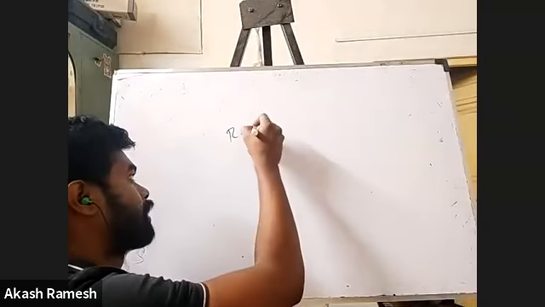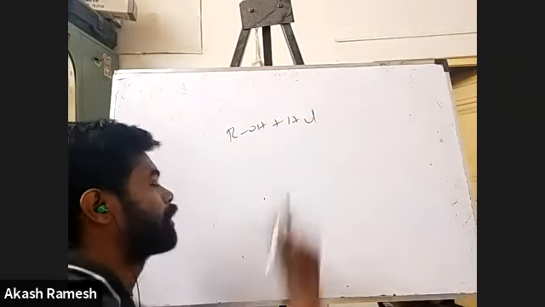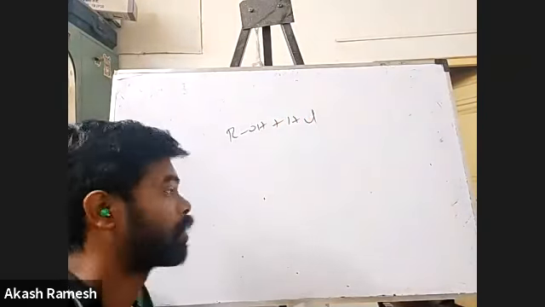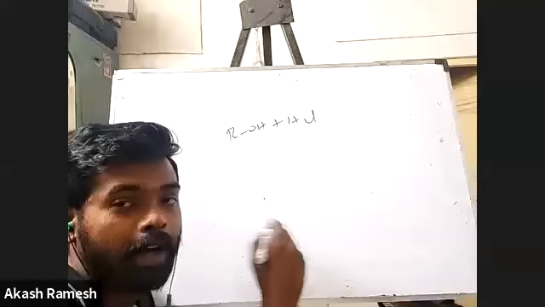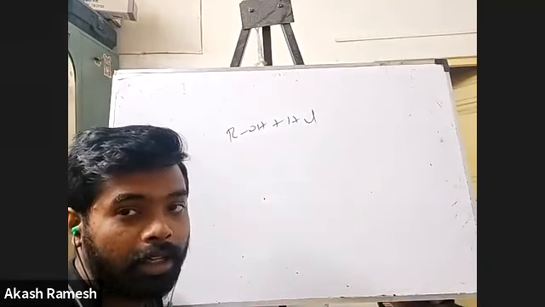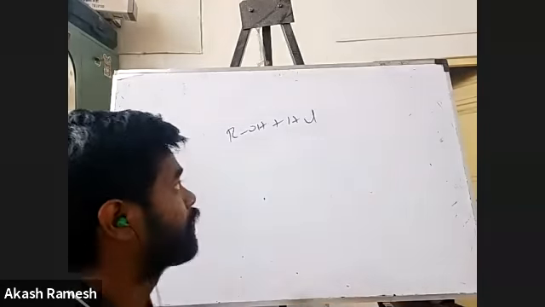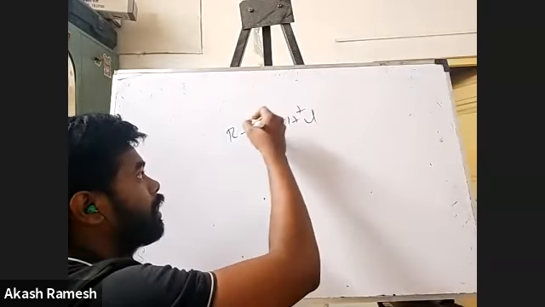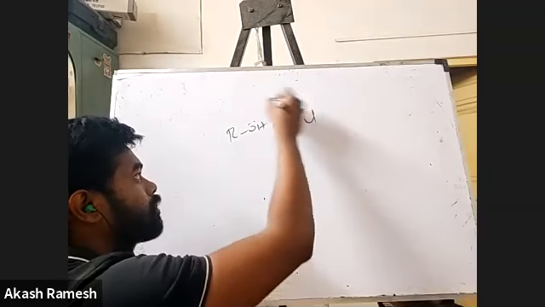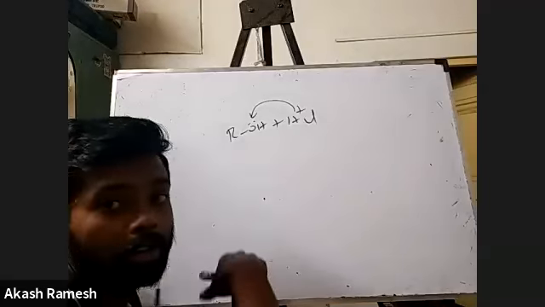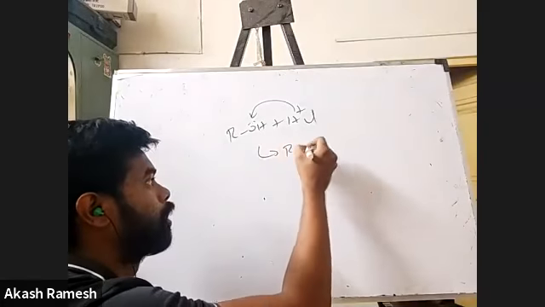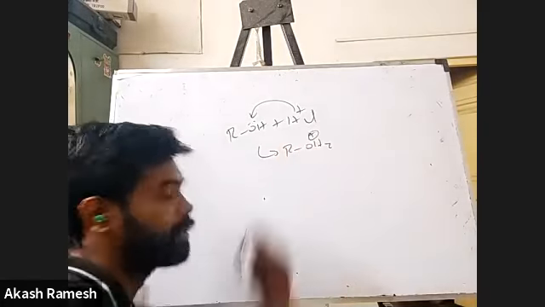Say for example, if I have ROH and I put HCl, I know I'm going to get RCl, but it's not like Cl minus replaces OH minus directly. First, H plus attacks the lone pair on oxygen, so you form ROH2 plus.